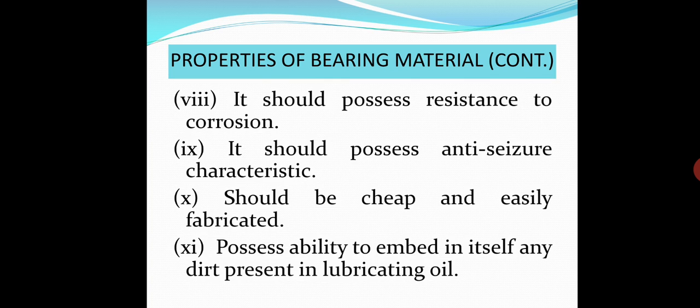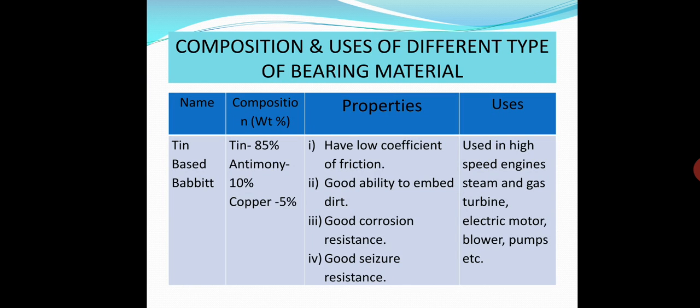It should possess resistance to corrosion and anti-seizure characteristics. It must be cheap and easily fabricated, and must possess the ability to embed in itself any dirt present in the lubricating oil.